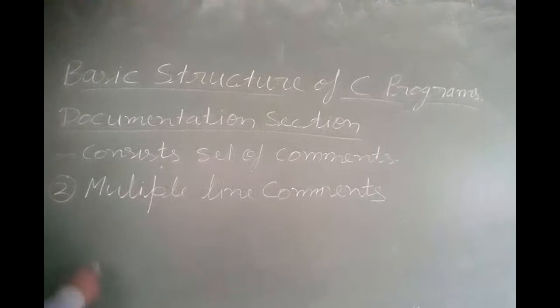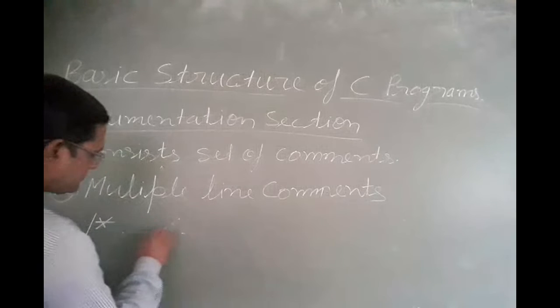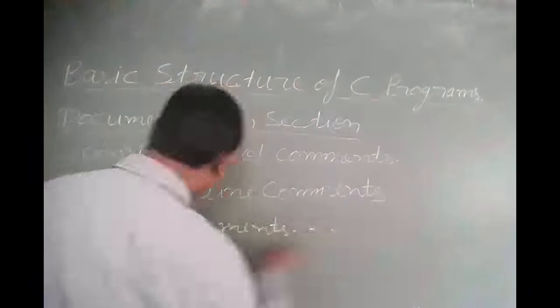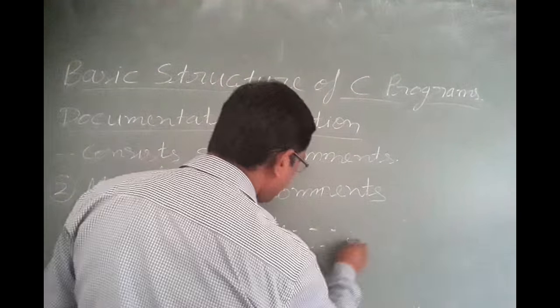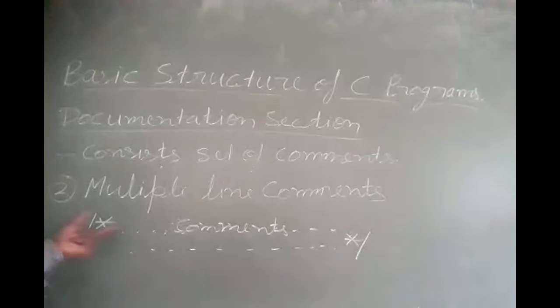For that purpose, we simply put a slash and star at the front, write the multiple line comments here, and at the end put the star and again a slash. Within these symbols, we can write multiple lines of comments in the program.